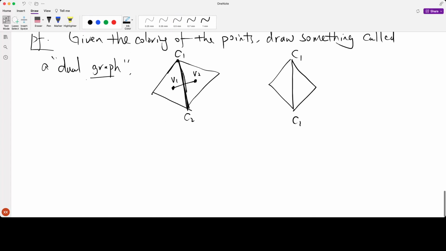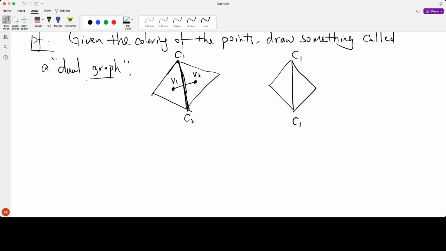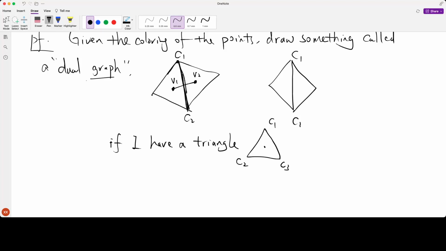And later, what I want to observe is the following. If I have a small triangle colored with C1, C2, and C3, and maybe this triangle I call Vk.